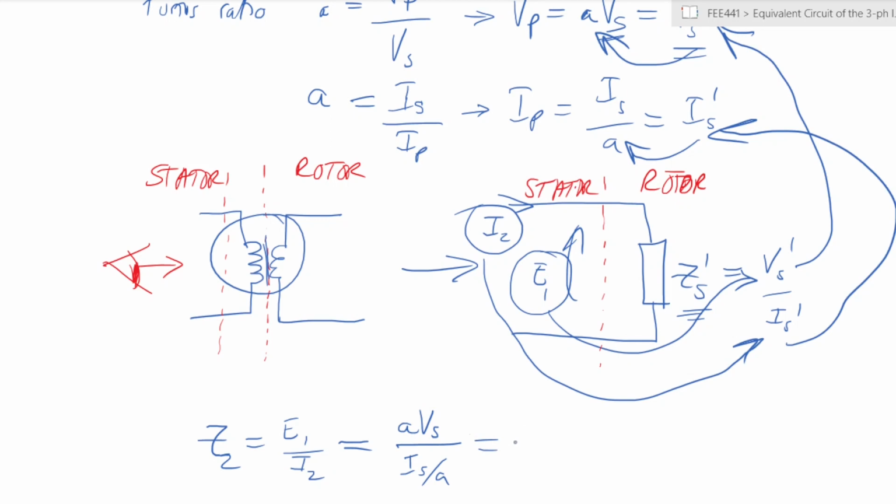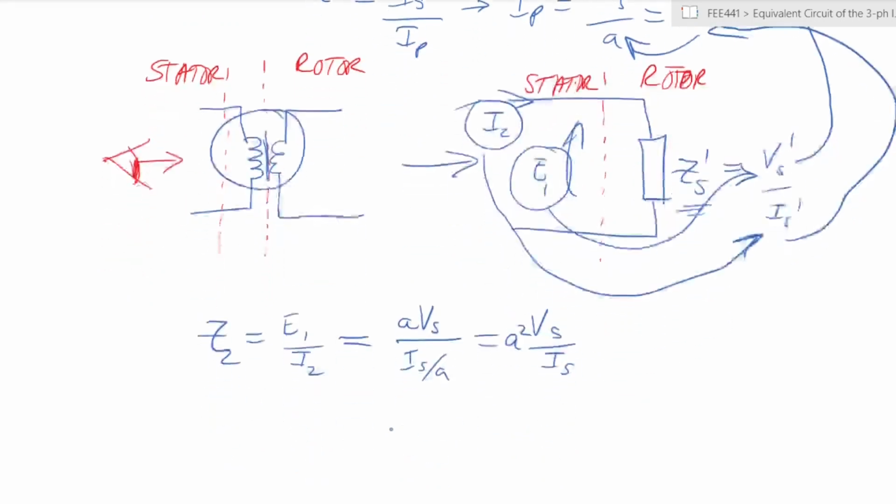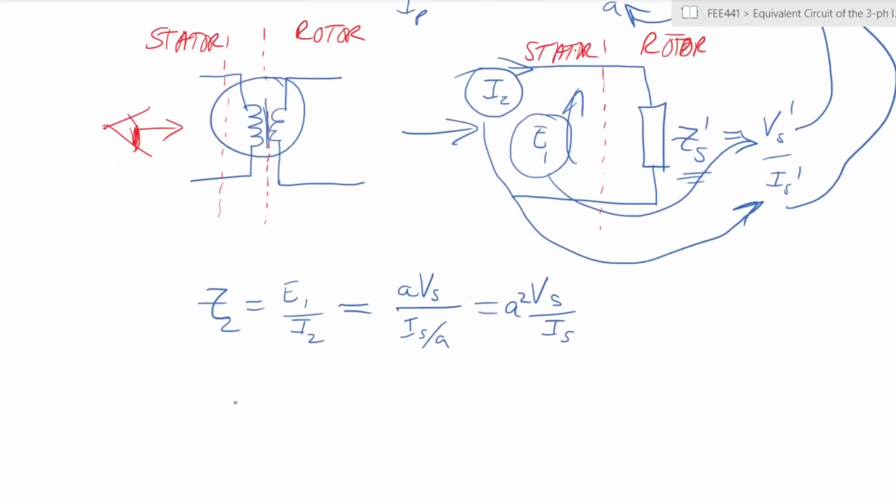Then from there, what do we have? So if we simplify that, Vs over Is, you will actually end up with A squared, because this A moves to the top, right? So your perceived impedance when you're looking from the stator is Z2, which is equal to A squared Vs over Is.